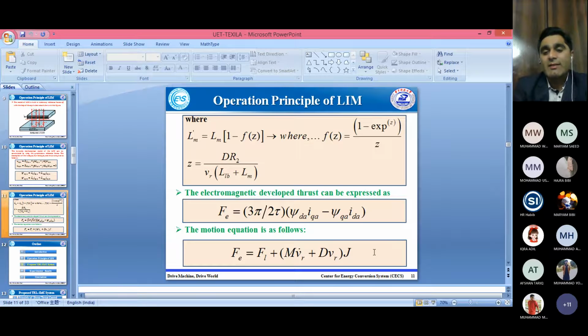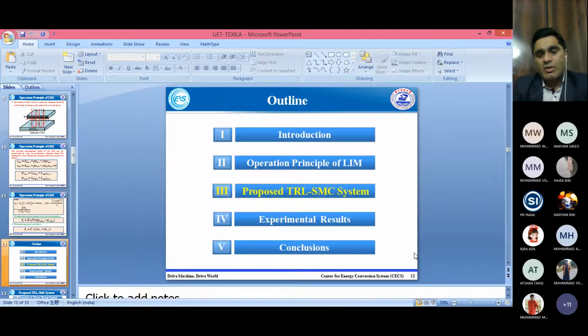Whenever we talk about any machine, it has external disturbances and internal disturbances. External disturbances include resistance variation, parameter mismatch, and external disturbance such as a load applied to the machine. So we propose slide mode control for the LIM.